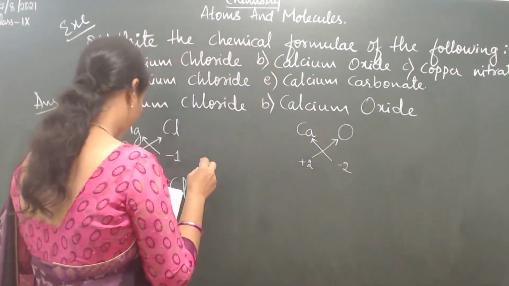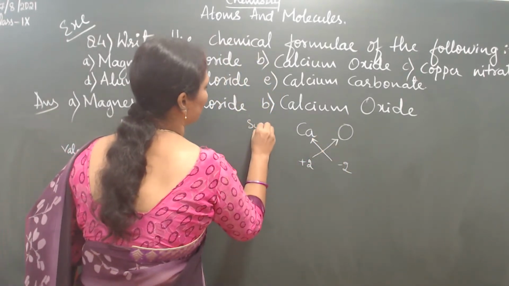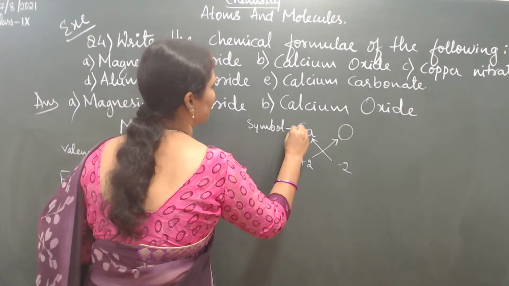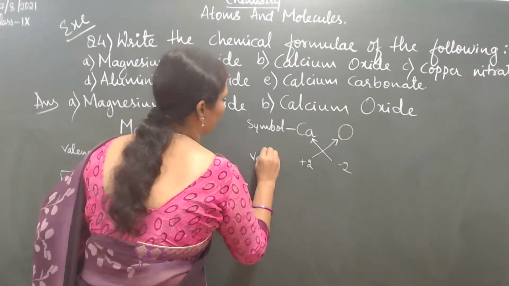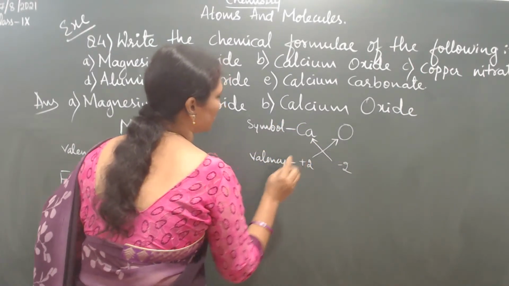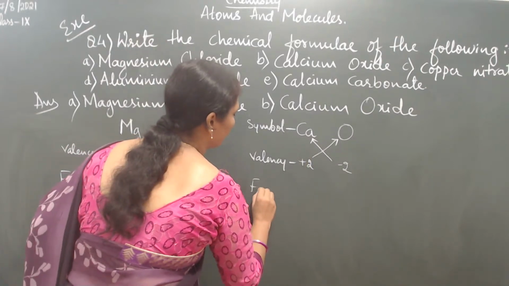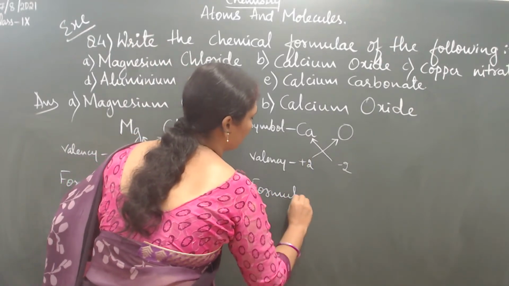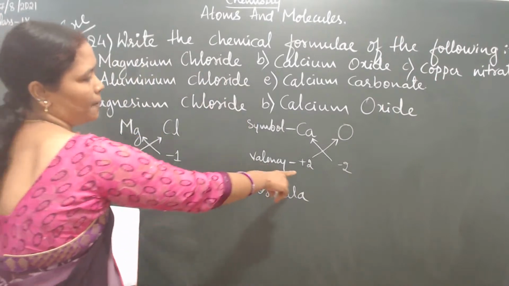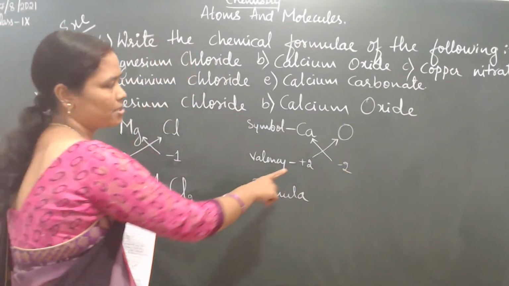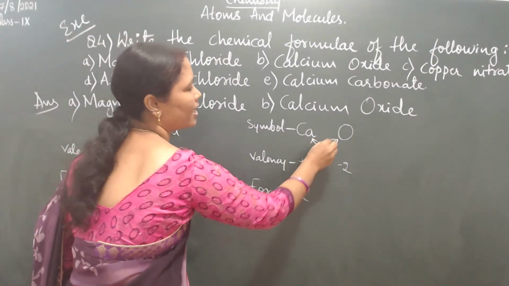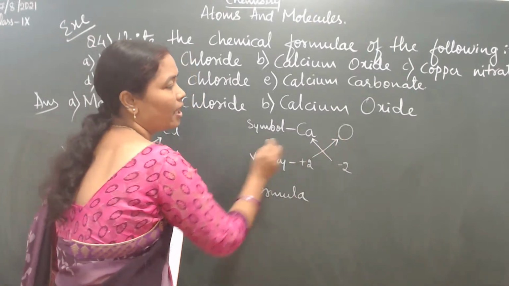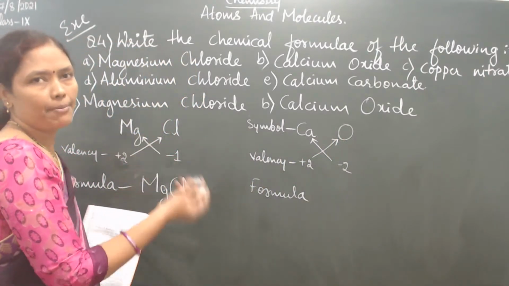Again, what we have to do? This is the symbol, valency or the charge you can write, then formula. Okay, these charges or this valency we have to crisscross. This is the rule for writing the chemical formula.